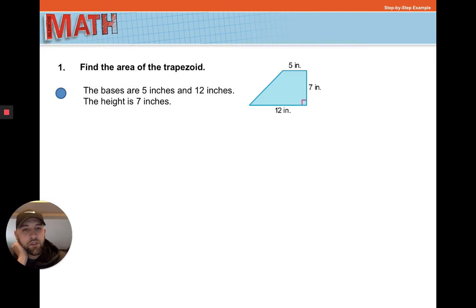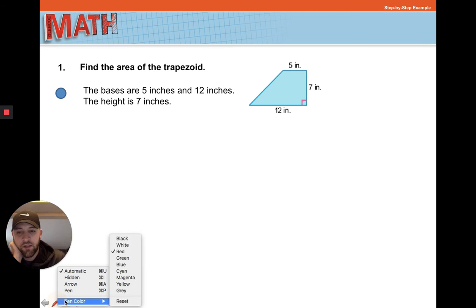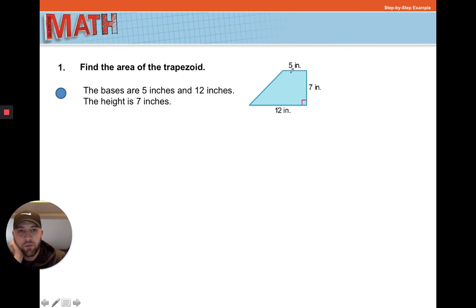This is a kind of weird looking trapezoid, but it is a trapezoid. It says the bases are 5 inches and 12 inches. This would be considered base 1, and this would be considered base 2. I do have a straight up and down line here, so this is going to be considered our height.